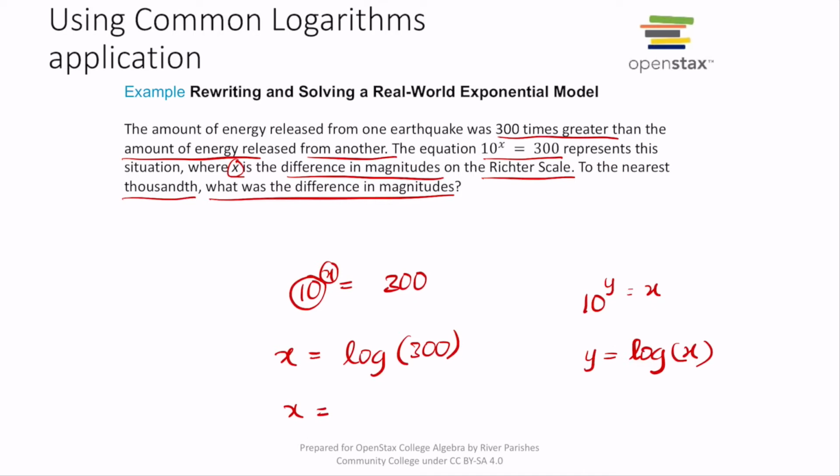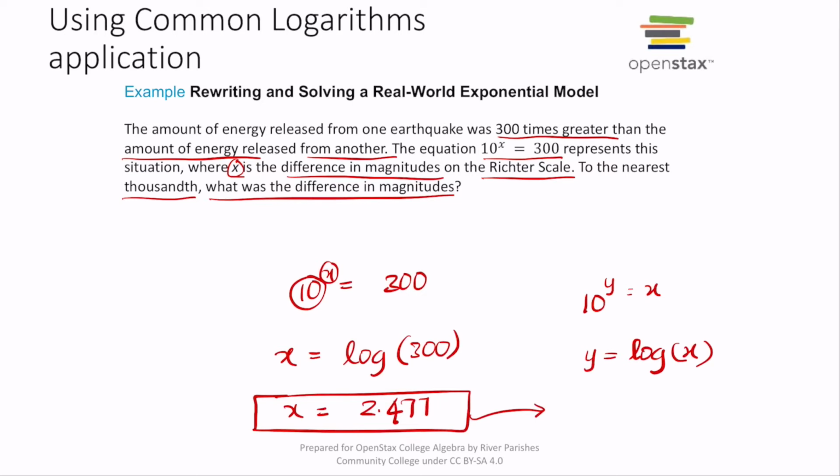So you can always use the calculator and find the value of log 300. That value is 2.477. So this is the difference in magnitude between the two earthquakes, and this is how we can judge the Richter scale.